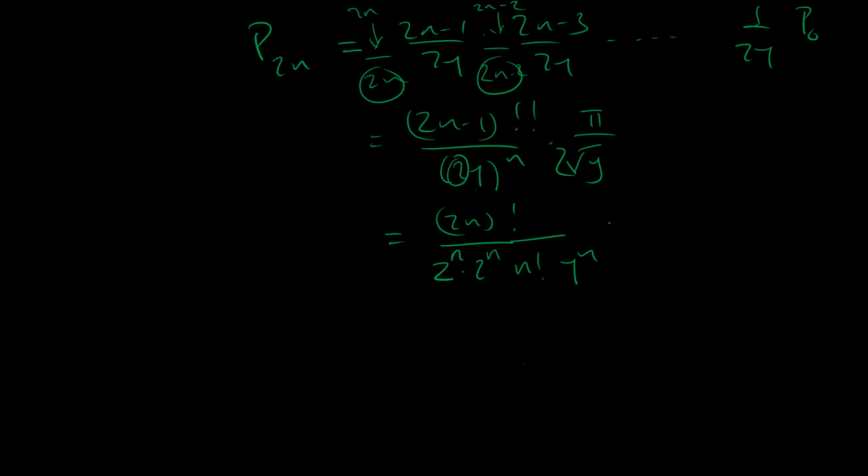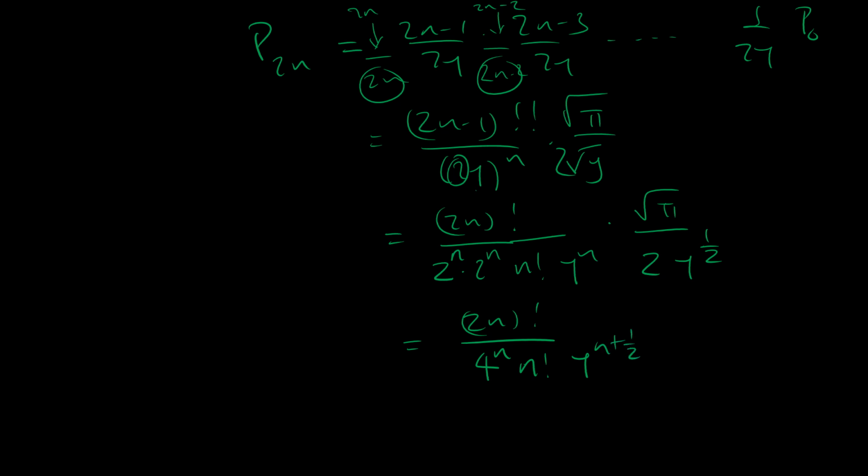And then there's a square root of pi here, square root of pi over 2y to the power n plus a half, so 2n over 2 to the power n times n factorial, and then we have root pi over 2.